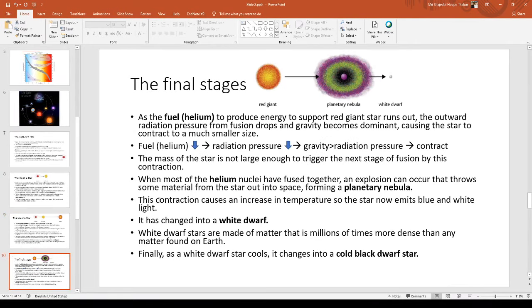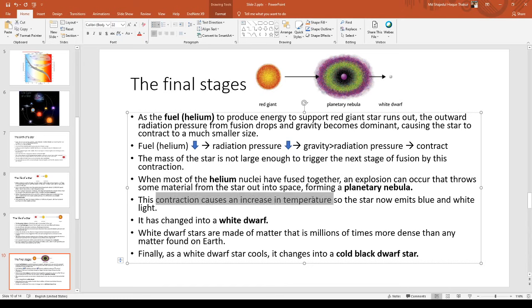Well, surface temperature increased because the star has contracted, right? Because it is now a very small star compared to what it was before. So this contraction causes an increase in temperature. We have studied this before also. Contraction always causes an increase in temperature, right? The smaller a star gets, there is now more energy packed into a smaller space, so it's more dense, more temperature.